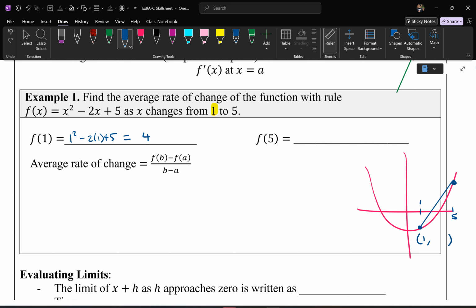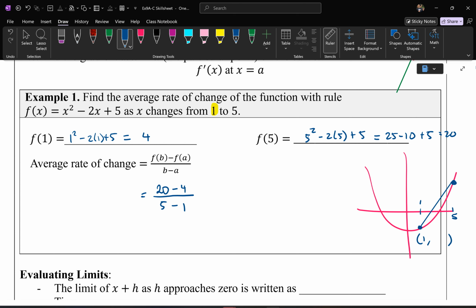Yes, it is 4. F of 5 is then 5 squared minus 2 times 5 plus 5. This works out to be 25 take away 10 plus 5, and that's really just 20. So now, if I think about the average rate of change, which is y2 minus y1 over x2 minus x1, that is literally just 20 take away 4 over 5 take away 1.